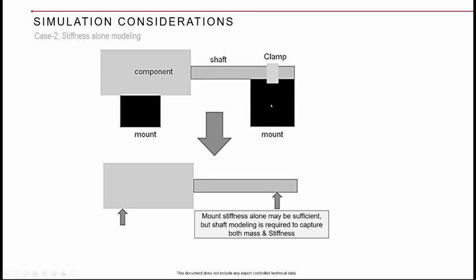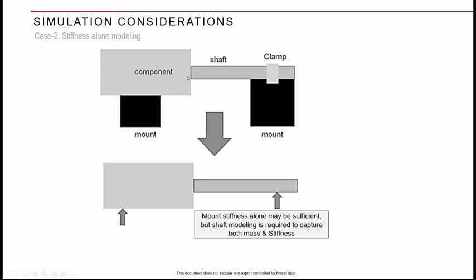Now, if this mount is a rigid one, I don't need to consider this complete mount, but the stiffness of it at the clamp may be sufficient for me to capture it. But the shaft is important for me because the component of interest here is supported by the shaft, and the shaft stiffness and the mass of the shaft can influence the stresses on the component.